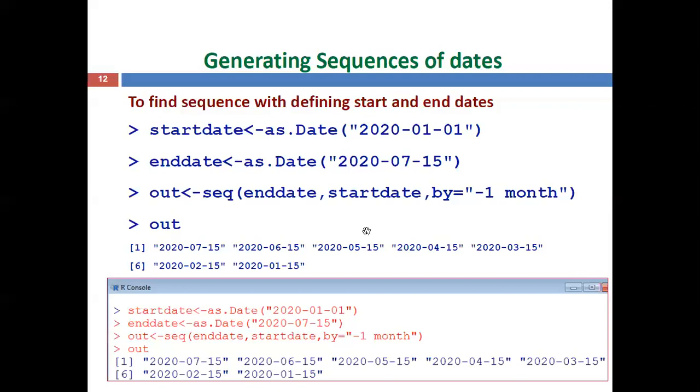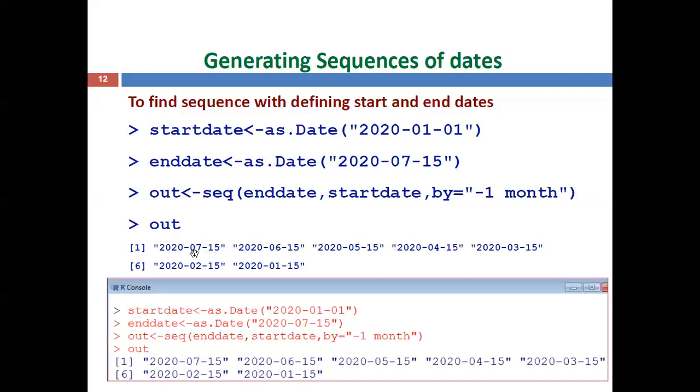Here you can observe our end date is 15th July 2020. So we have taken that as the starting one. With that, reverse going back, decrement by 1 month, till it ends at the start date.